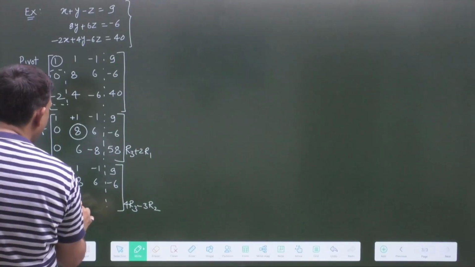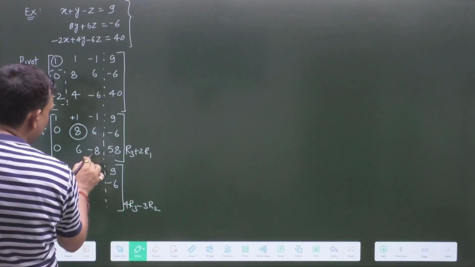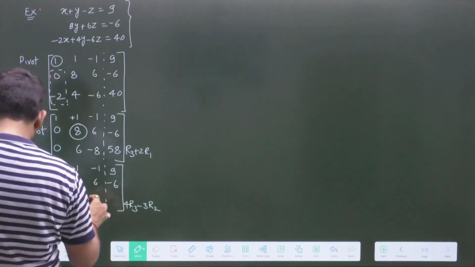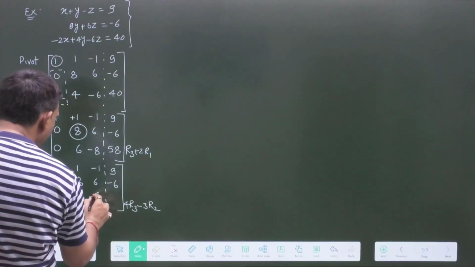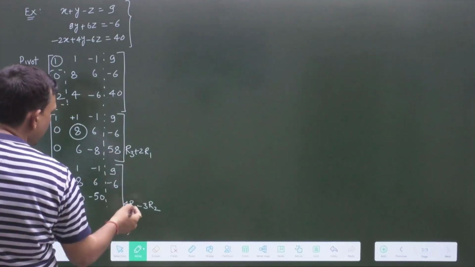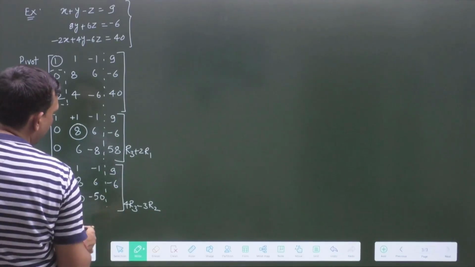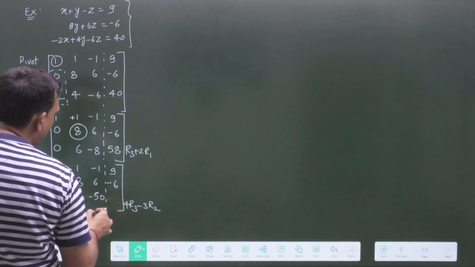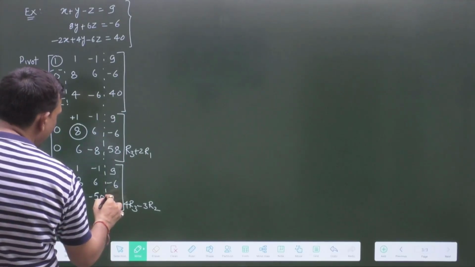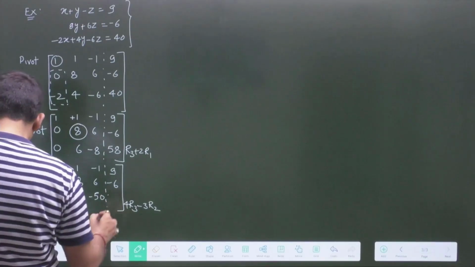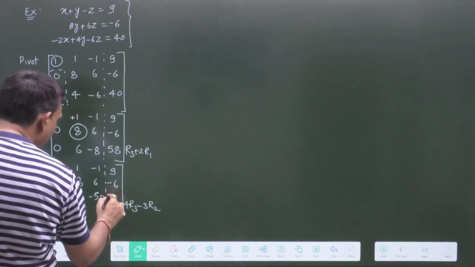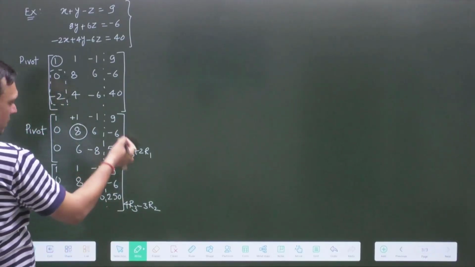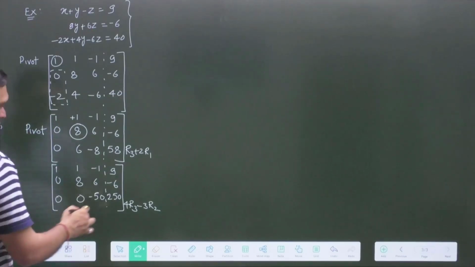Subtract it. So this is 0. This is minus 32, and this is minus 18. So this will be minus 50. What about this? 58 into 4 plus 18. I think this will be 240. Please check. 232 plus 18, so that will be 250.